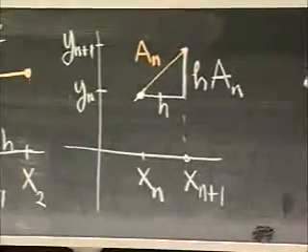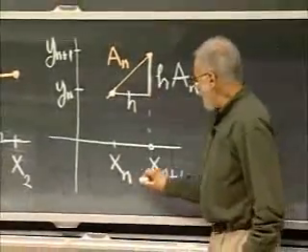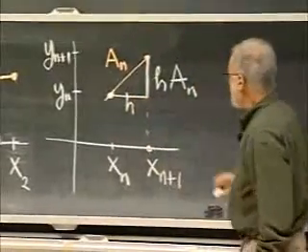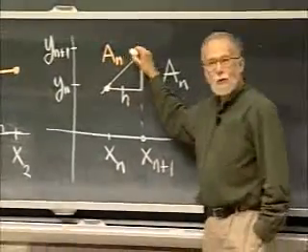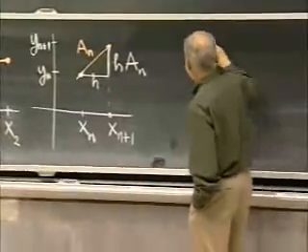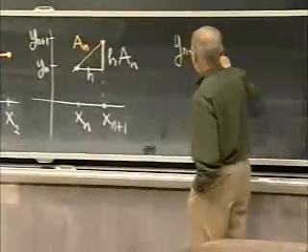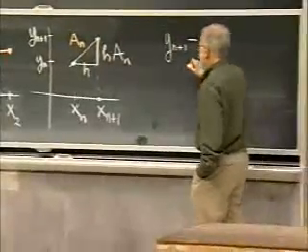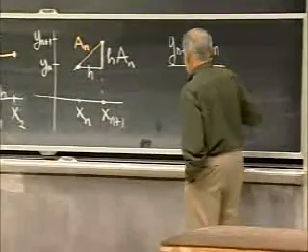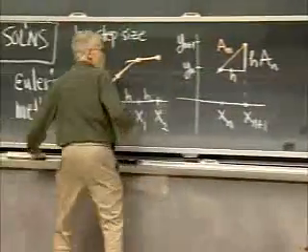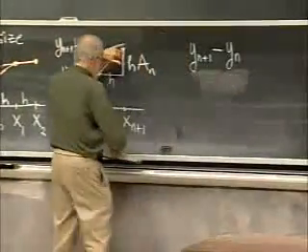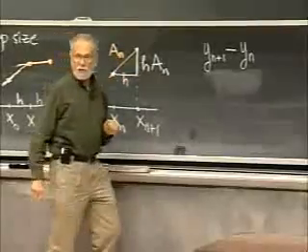How do I get from xn to xn plus 1? I simply add h. So that's the trivial part of it. The interesting thing is, how do I get the new yn plus 1? The best way to write it is yn plus 1 minus yn divided by h. Well, yn plus 1 minus yn is this line, the same as the line h times an.